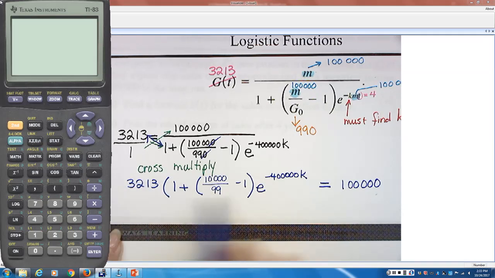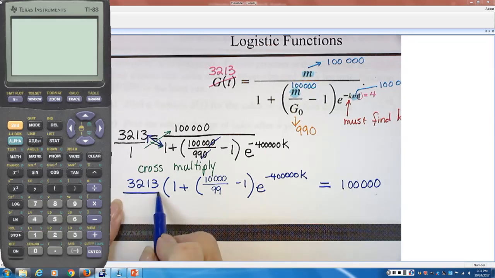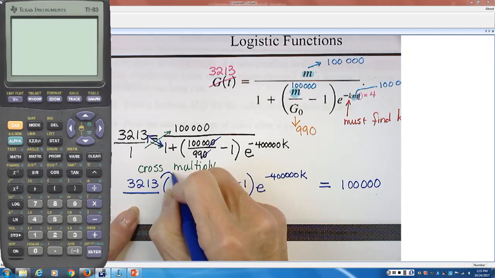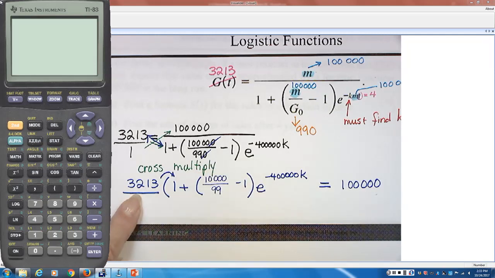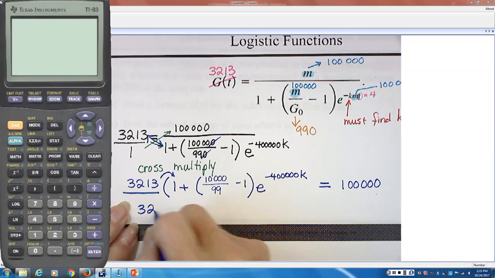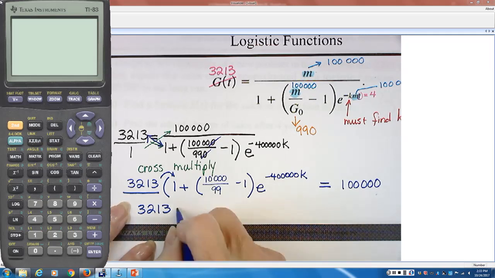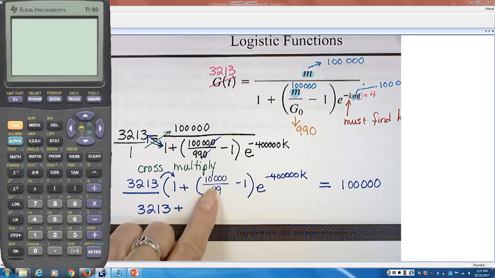Now, rather than trying to multiply all of this together, let's just divide both sides. No, actually, let's just multiply. So let's multiply through times the 3213. 3213 times 1 is 3213 plus 3213 times 10,000 over 99.